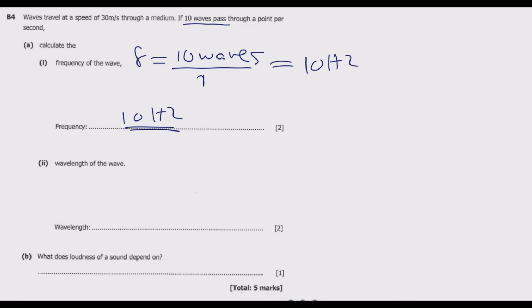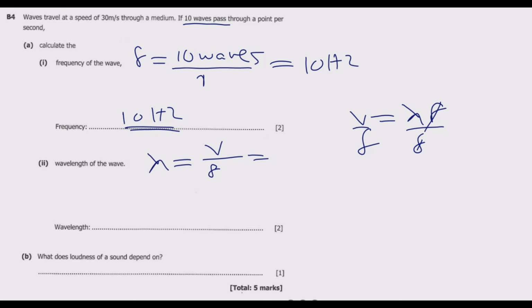Then (ii) the wavelength of the wave. So we know that velocity is given by wavelength multiplied by frequency. So then we just divide by frequency to find wavelength. So wavelength is equal to velocity divided by frequency.